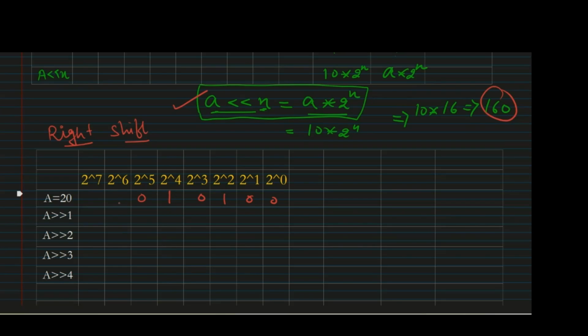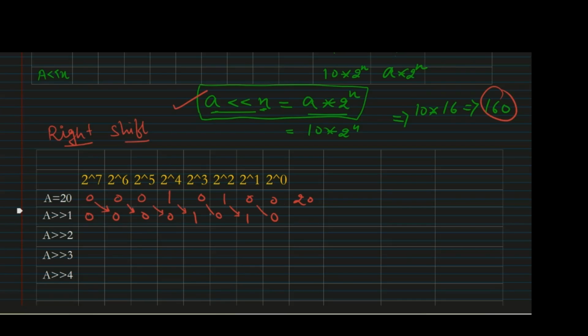So 8 bits, replace the rest of the bits with 0. Now we are getting nothing over here. So let's shift all these bits: 0, 0, 0, 1, 0, 1 and 0 over here.